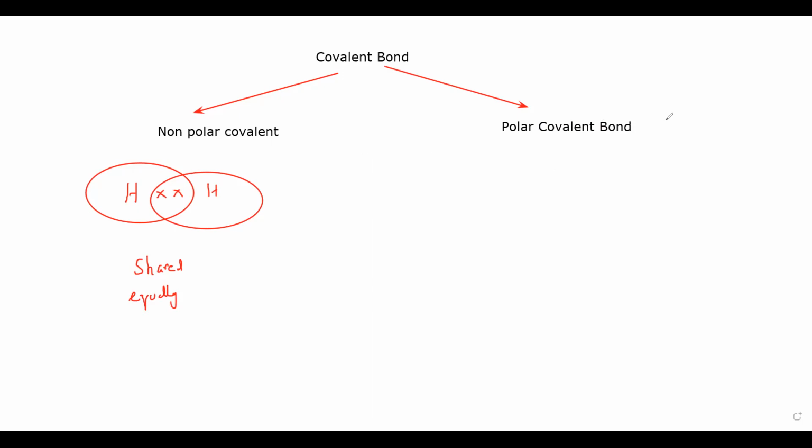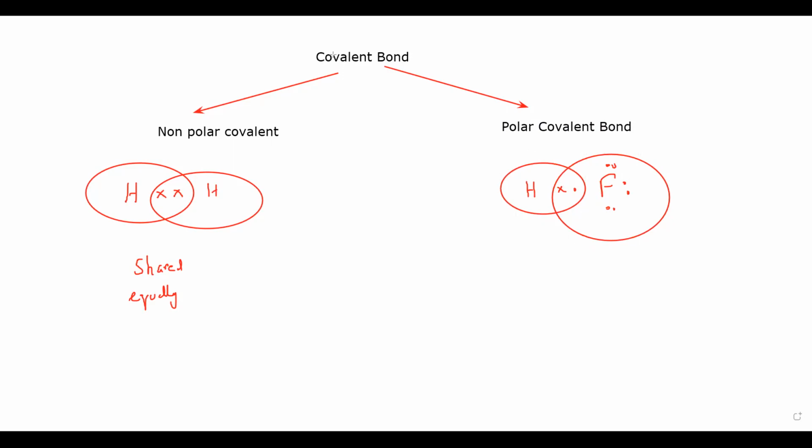But what about the polar covalent bond? What happens if it is formed between two non-metals which have different tendencies to attract electrons? For example, hydrogen bonded with fluorine. Fluorine has a greater tendency to attract the shared pair as compared to hydrogen, because it has more protons and is smaller in size.